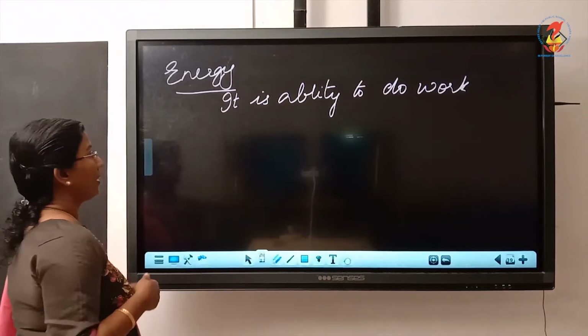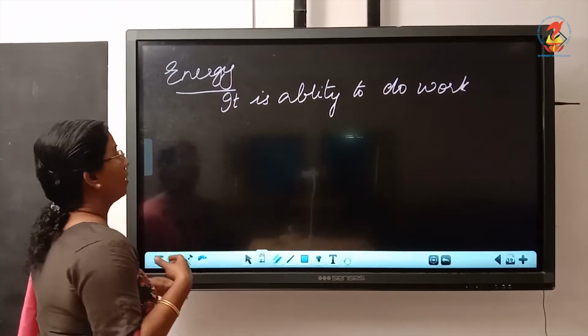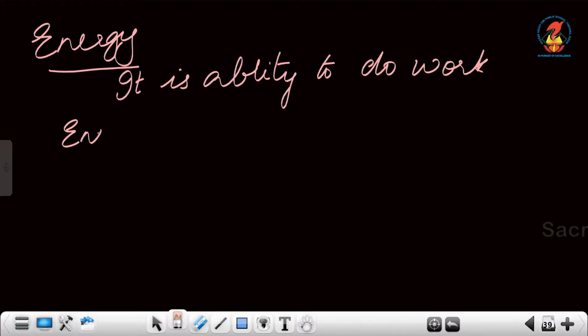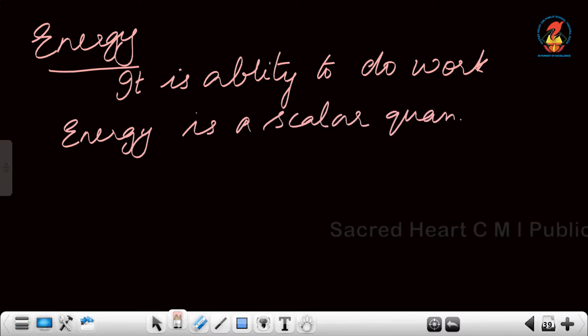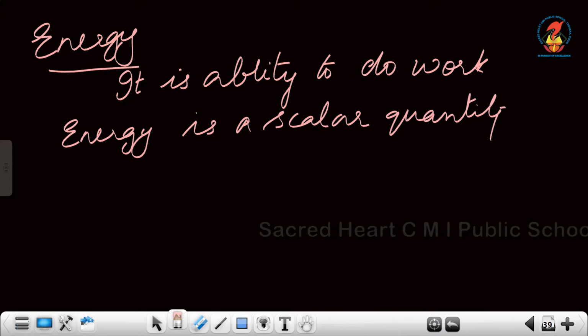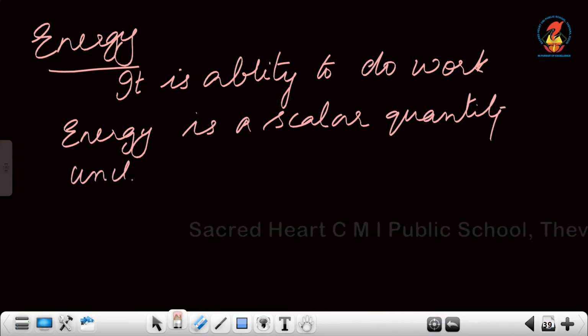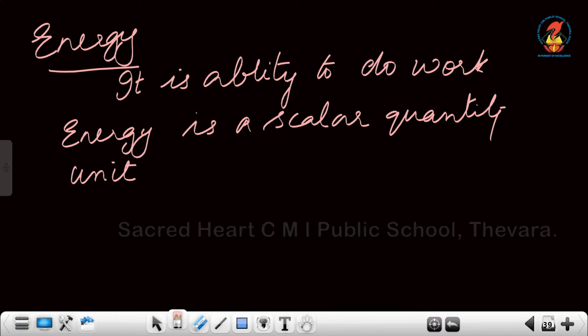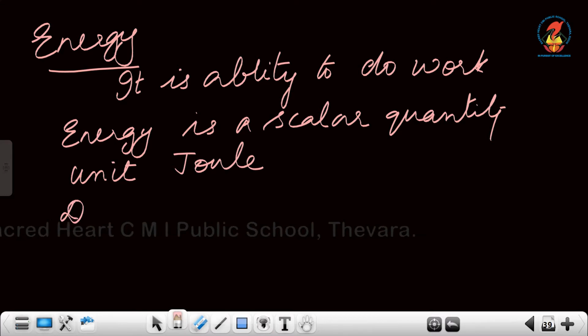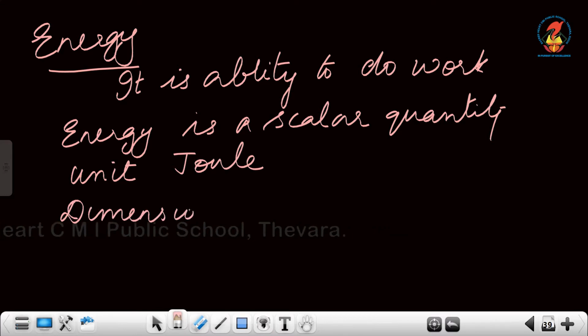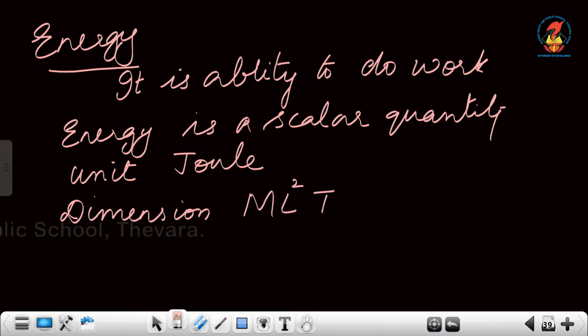Now, since energy is work, we can say that, like work, energy is also a scalar quantity. Its unit is either newton meter or joule, and its dimension is M L square T raised to minus 2.